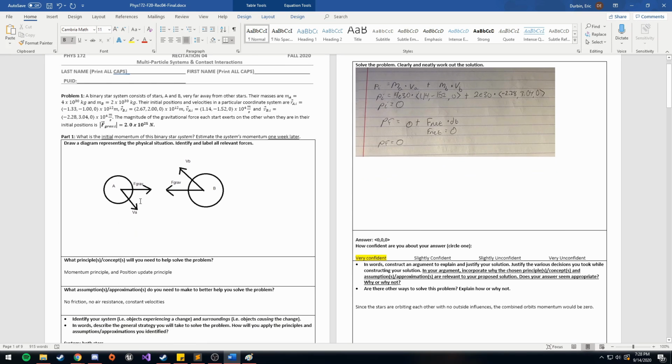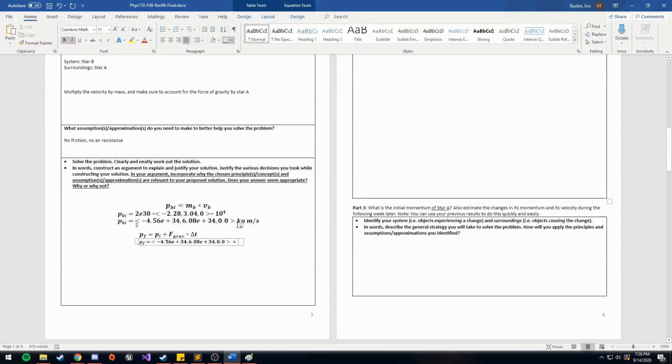My bad. Over time, yeah. The change in momentum over time, and then you add the force of gravity, and you have it oriented in the x direction.